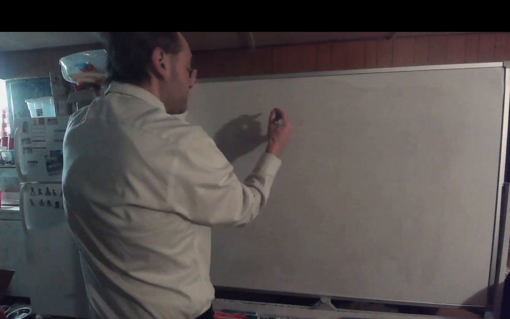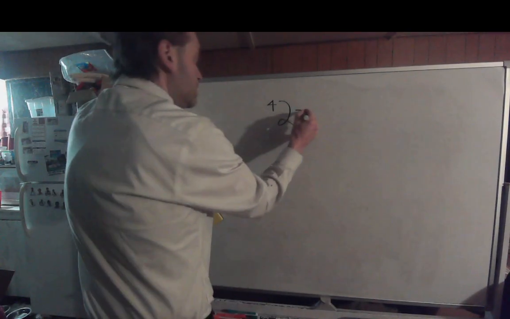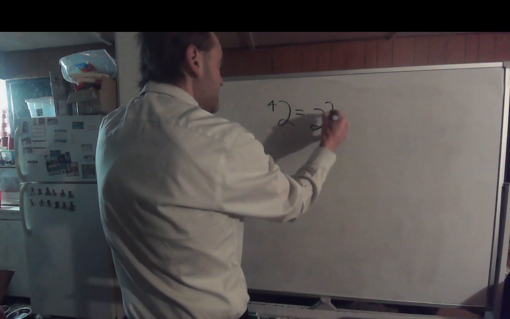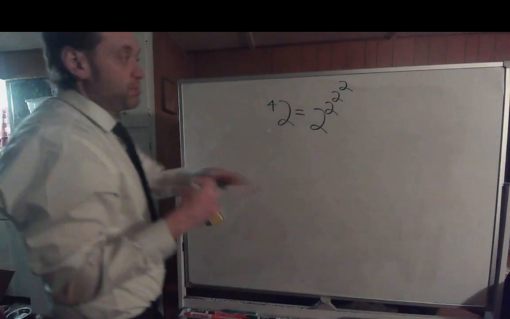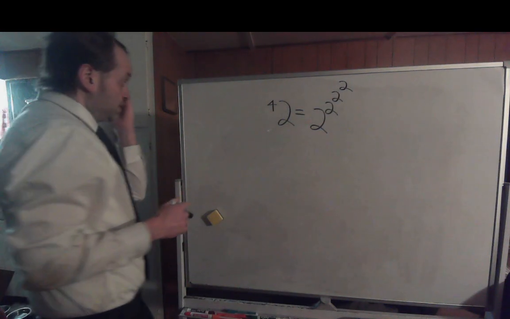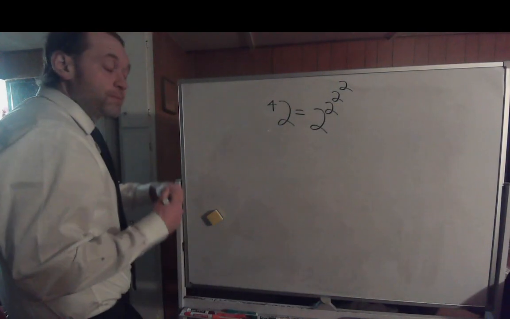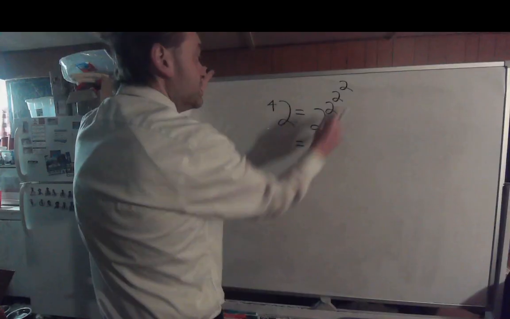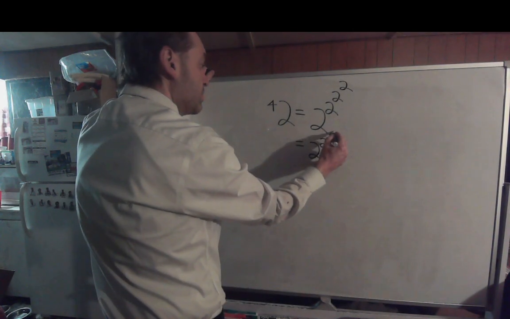Now, let's do the fourth tetration of 2. That's going to be 2 to the second, to the second, to the second. And of course it's called a power tower because it looks like a tower. Once again, this tells you how many 2's you should have, how many times you're raising it to itself. You start with your top powers, so 2 to the second is 4. So this would be 2 to the second power to the fourth.